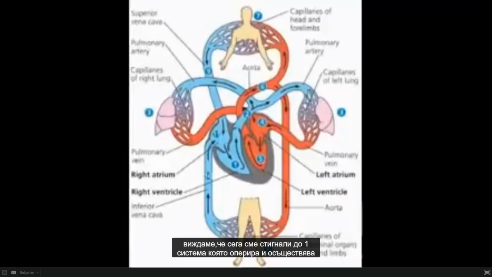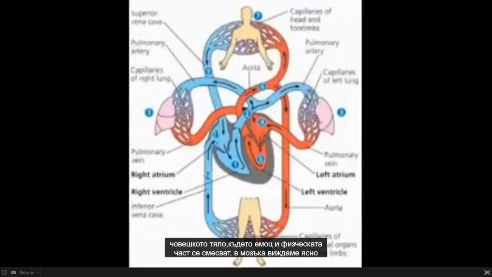And then altogether, now we have got to a point of one system operating and carrying out 5 or 6 functions at the same time, and at the same time the heart is the only piece of the human body where the emotional and physical part share and intermingle.